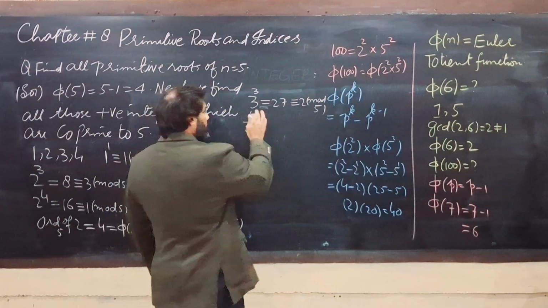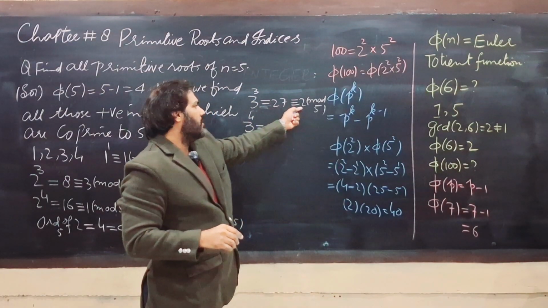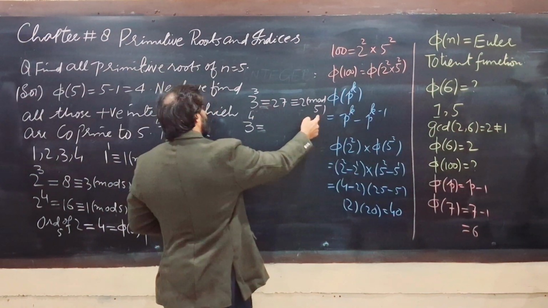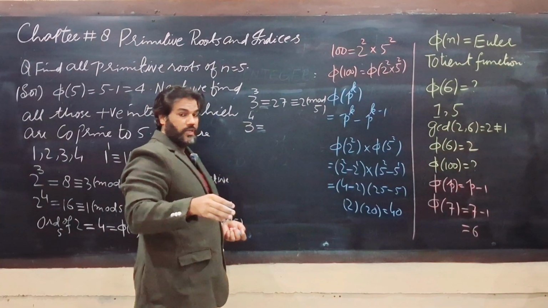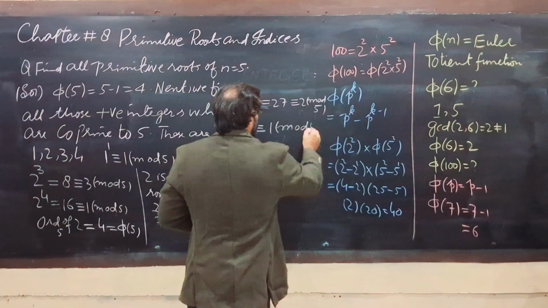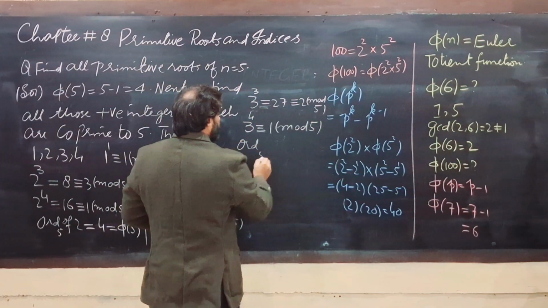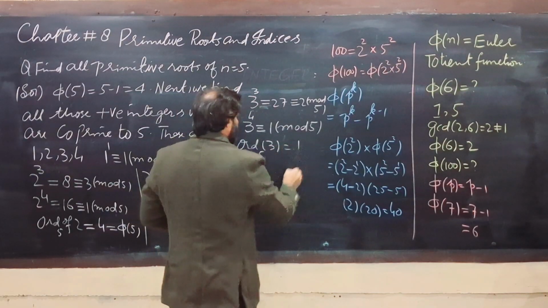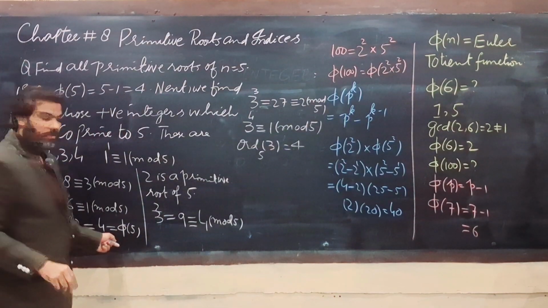Or otherwise you can multiply both sides by 3. This becomes 6, and when you divide 6 by 5, this gives the remainder 1. So 3 raised to power 4 is 81, and when you divide 81 by 5, 16 times 5 is 80, the remainder is 1. So you can notice that the order of 3 under modulo 5 is equal to 4, which is equal to phi of 5.